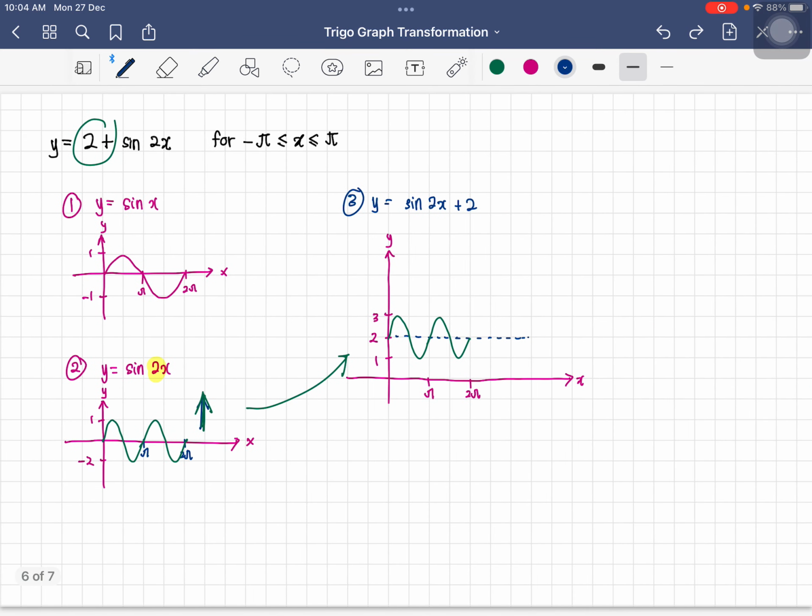But for the previous one, I suddenly recall that we need to sketch this graph from -pi until pi. So of course you have to continue sketching this one from -pi until pi only. So let's have another run. I'll just sketch it here.